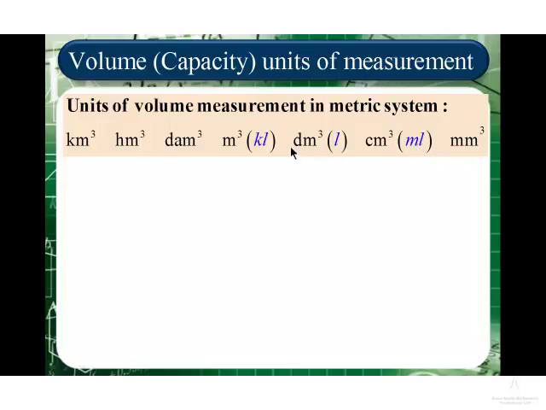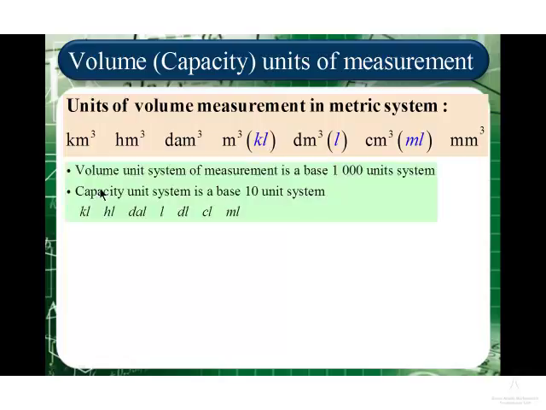Similarly, the cubic decimeter will correspond to the capacity of the liter. So 1 cubic decimeter will be 1 liter. And similarly, a cubic meter will be a kiloliter, if you refer to the capacity that goes along with this particular three-dimensional unit of measurement.